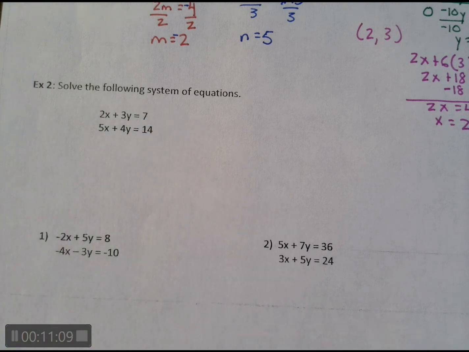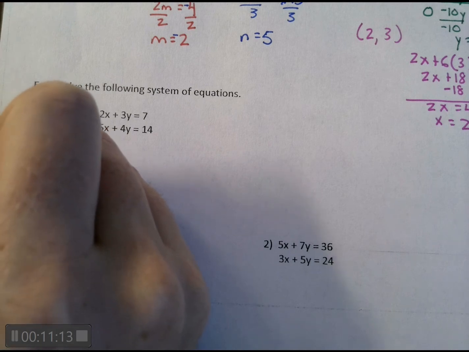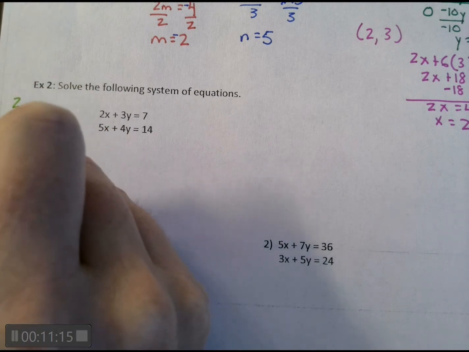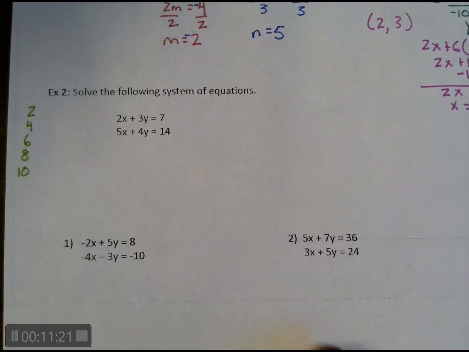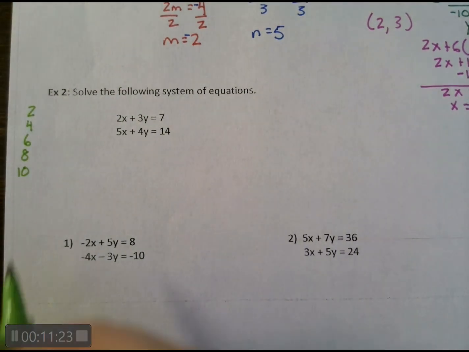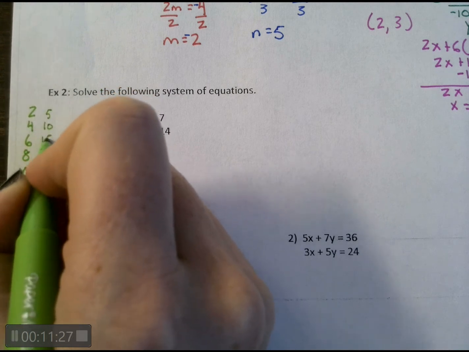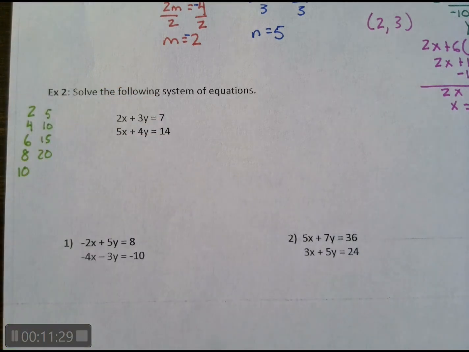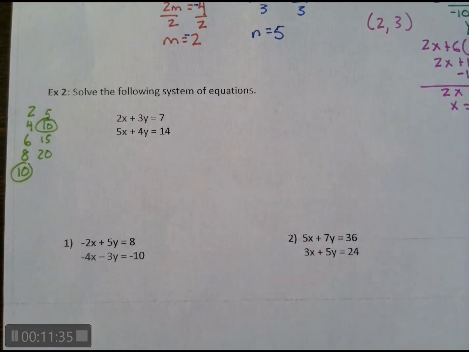So if we write down multiples of 2, we have 2, 4, 6, 8, 10. Whoops. Hold on. There we go, 10. And if we look at multiples of 5, we have 5, 10, 15, 20. Well, if you notice, the least common one for both of them is 10.